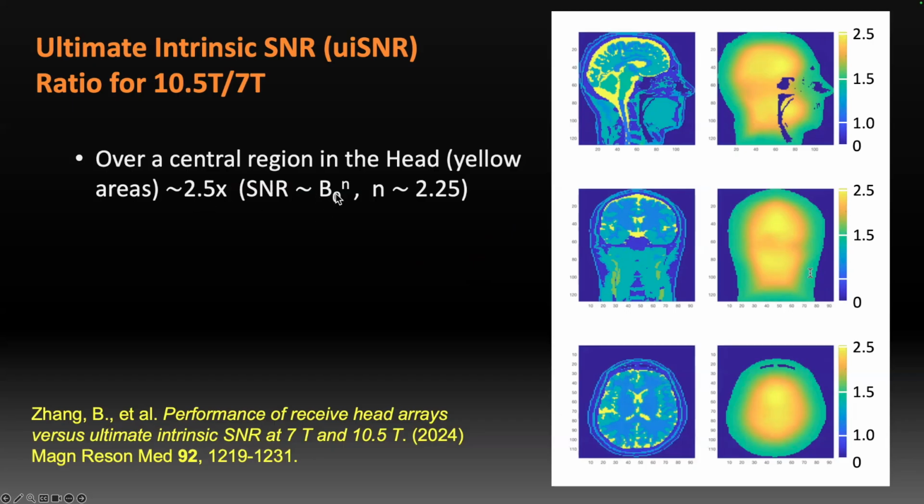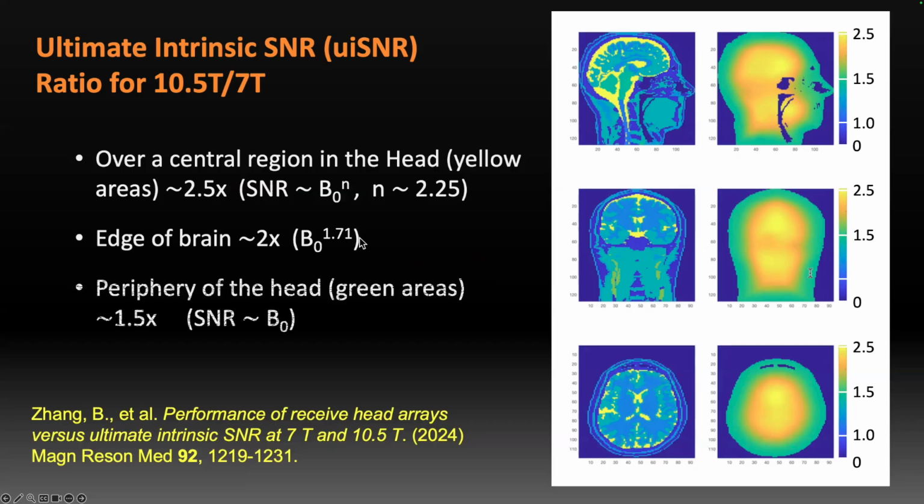That translates into a more than quadratic gain in SNR. At the edge of the brain, you get slightly less than quadratic, and in the periphery, you get linear. But over a large part of the brain, or over the whole brain, you kind of have an average of quadratic increase in SNR that you expect.